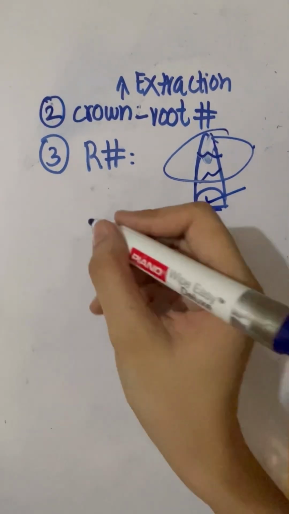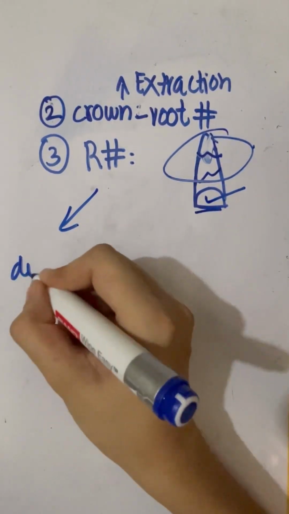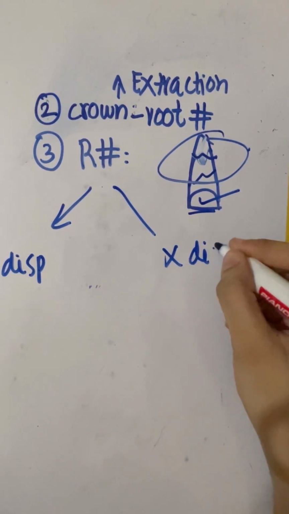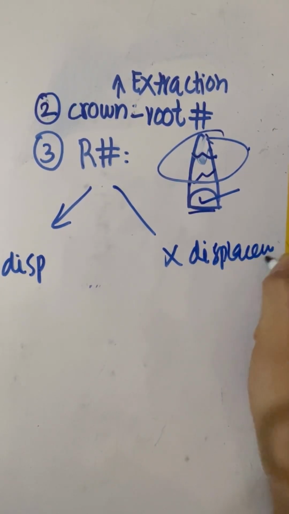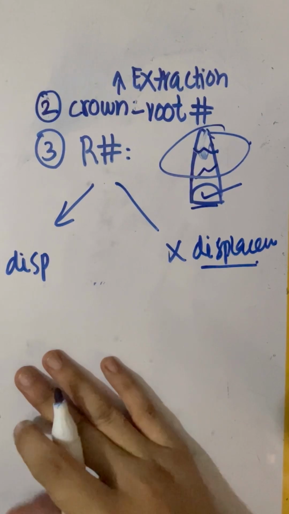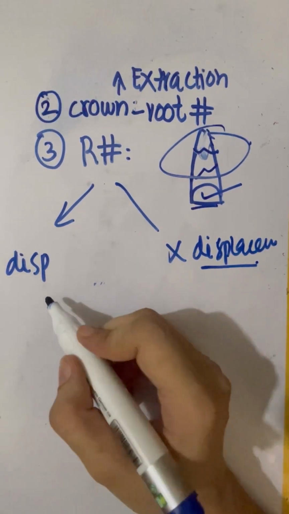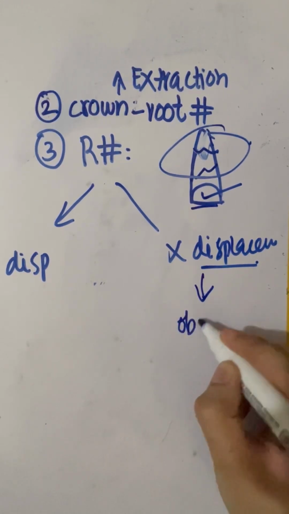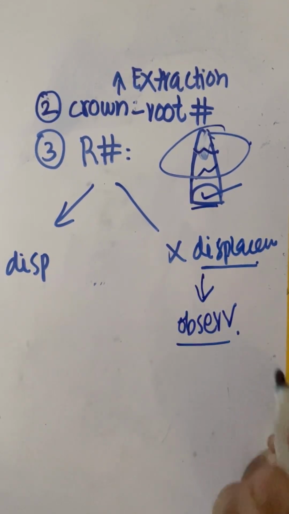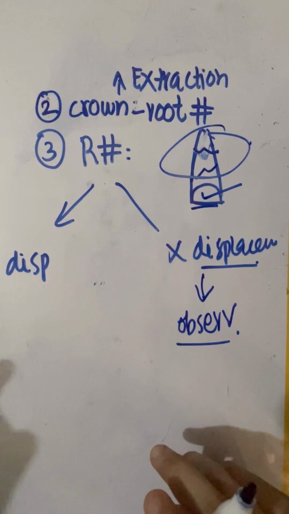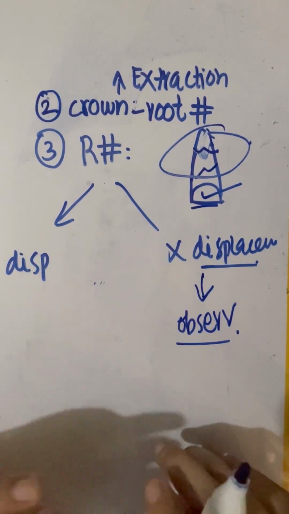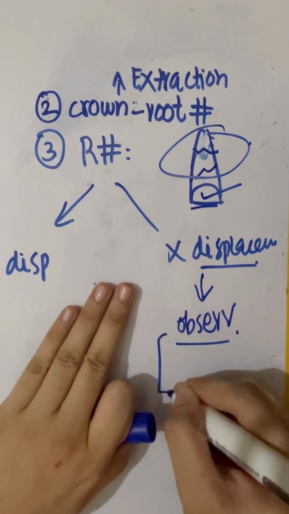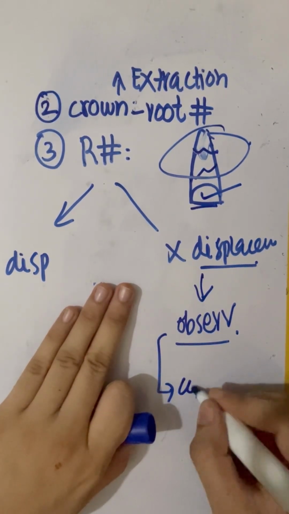For the root, we will see whether there is displacement or no displacement. If there is no displacement, we will keep the tooth under observation.